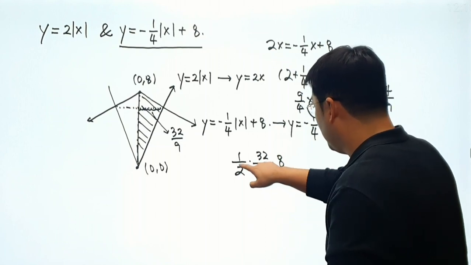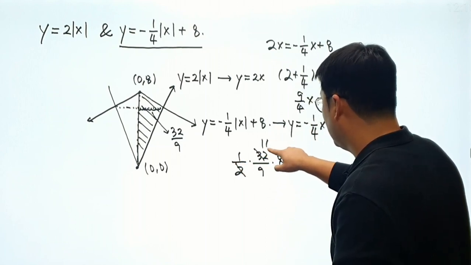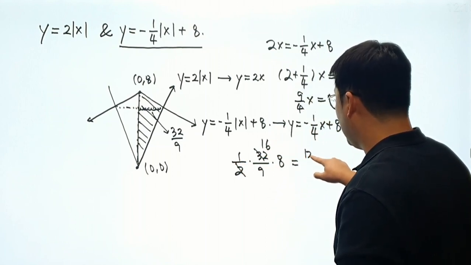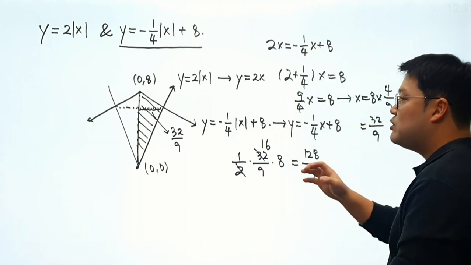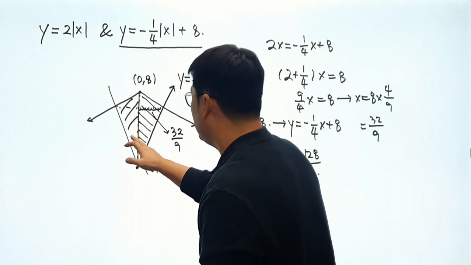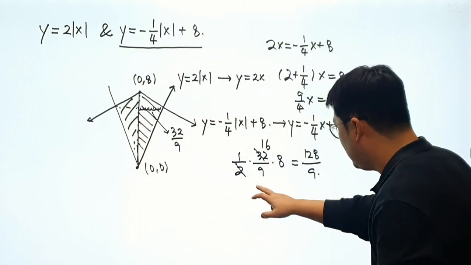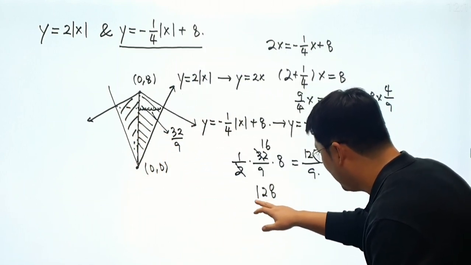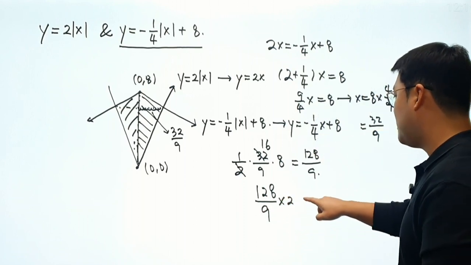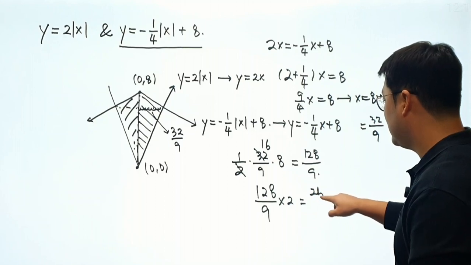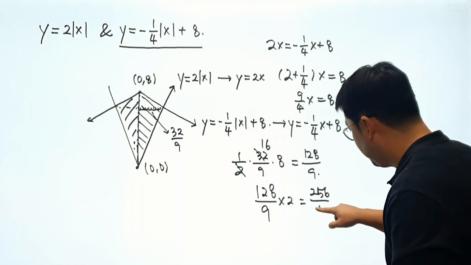Multiply these out and we get 128 divided by 9. But at the same time, we get 2 of these, so 128/9 times 2 will be 256 divided by 9.